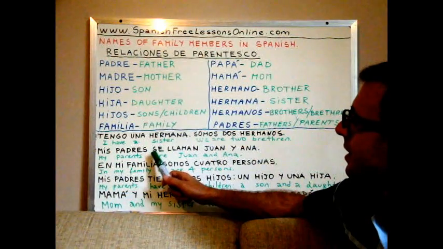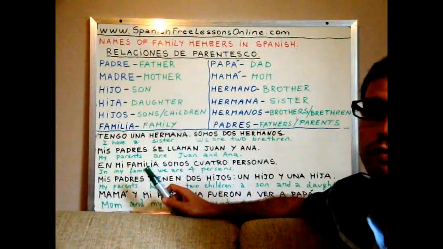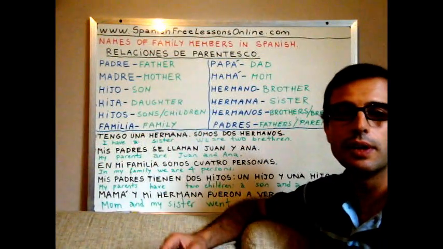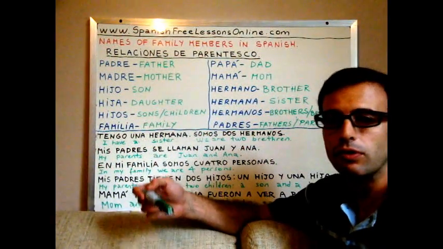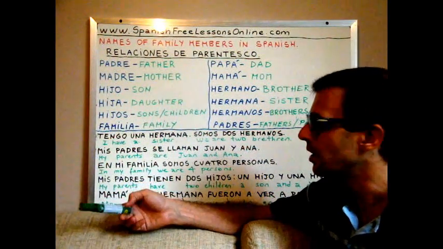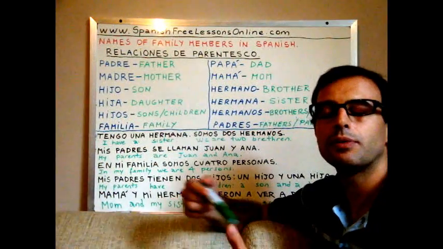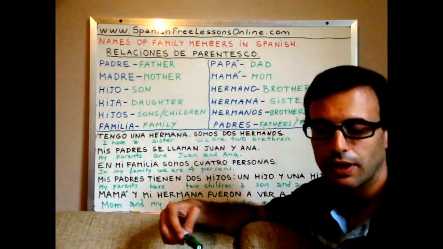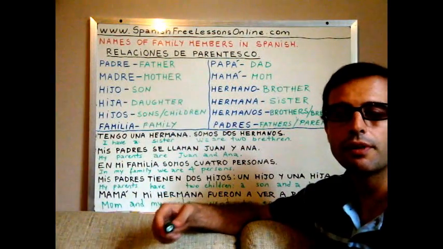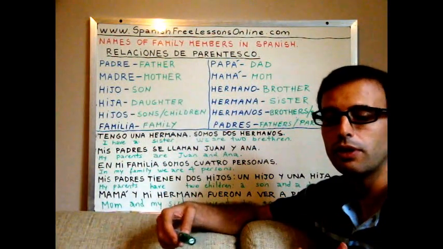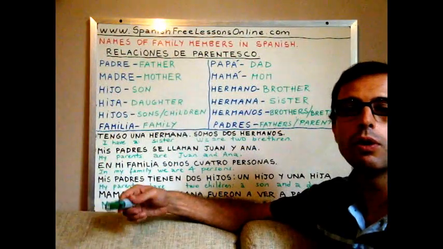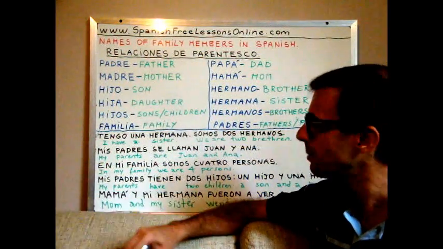And this is a reflexive verb, right? In Spanish, when you say that somebody is called, you would literally say he calls himself, okay? Somebody calls himself, I call myself Rodrigo, she calls herself Ana, they call themselves whatever, okay?